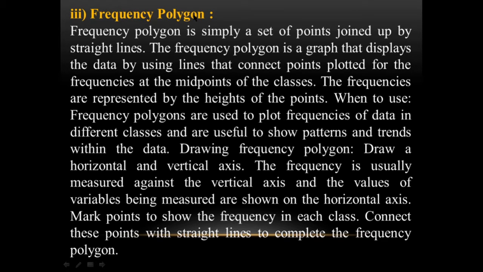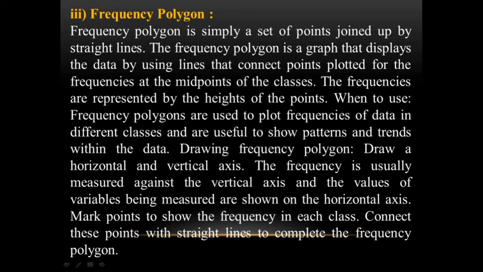Frequency polygon. A frequency polygon is simply a set of points joined up by straight lines. The frequency polygon is a graph that displays the data by using lines that connect points plotted for the frequencies at the midpoints of the class.